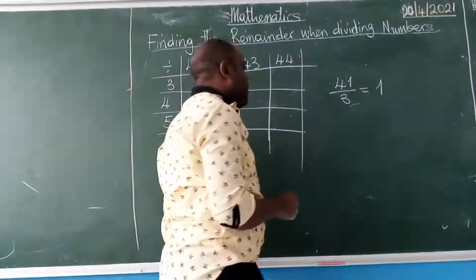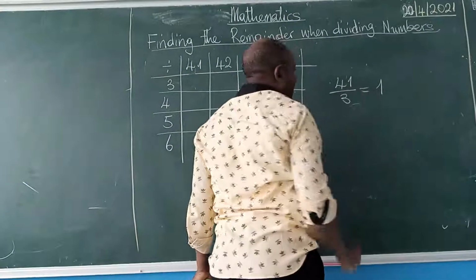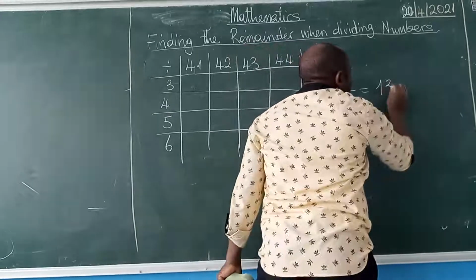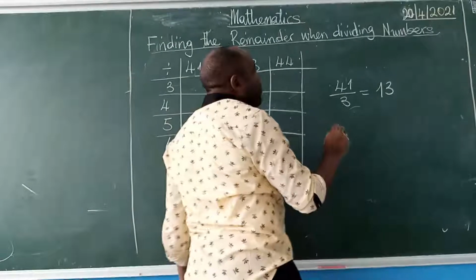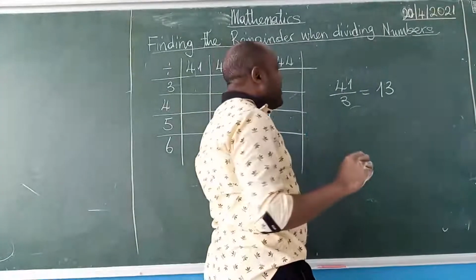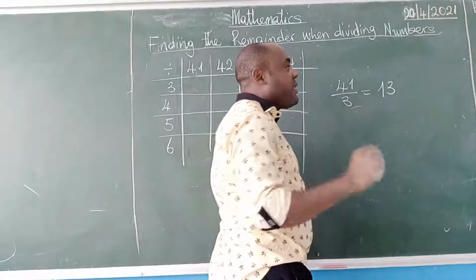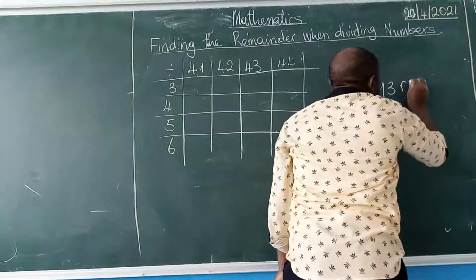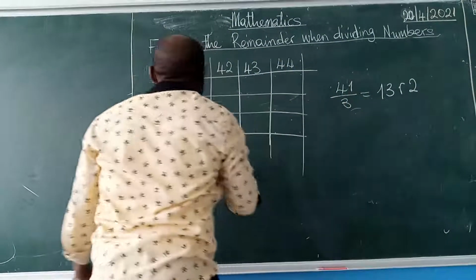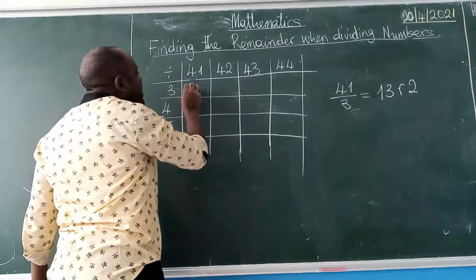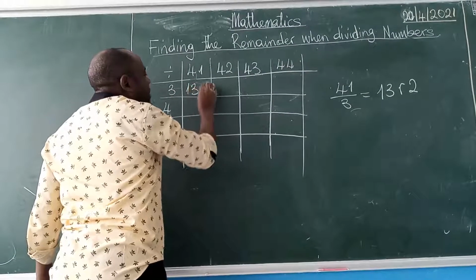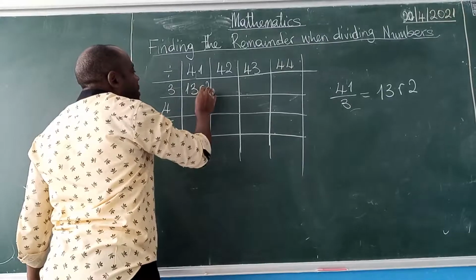It becomes 11. 3 can go into 11 3 times. 3 times 3 is 9, and 11 take away 9 gives me 2. It means the remainder is 2. We have remainder 2. So I come here and I put 41 divided by 3 is 13 remainder 2.